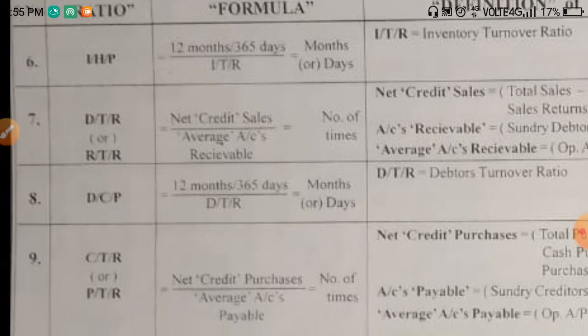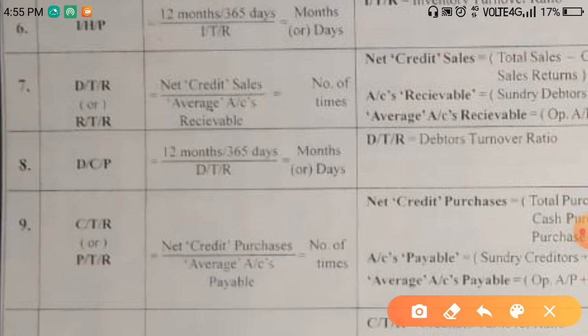Next, debtors turnover ratio. Please remember here also net credit sales. What we need to take? Net credit sales in the numerator divided by average accounts receivable. Accounts receivable here includes sundry debtors and bills receivable.